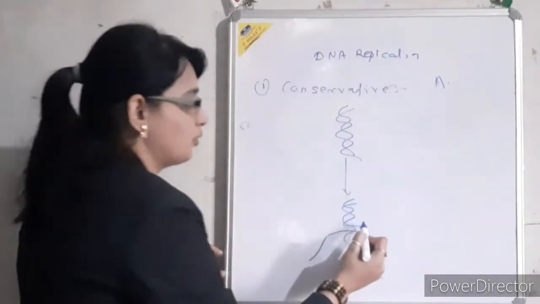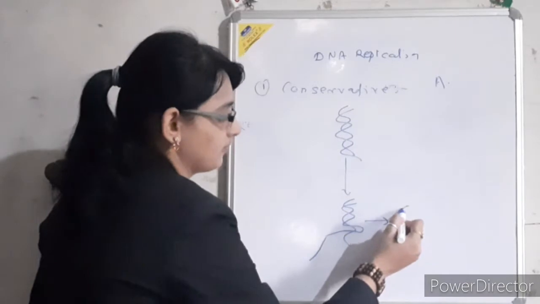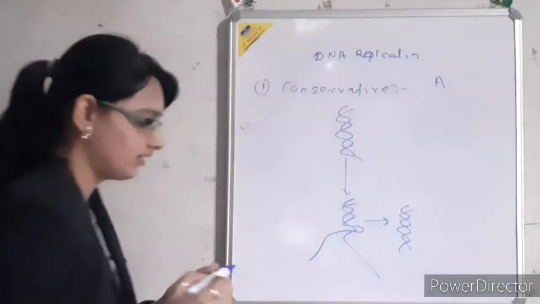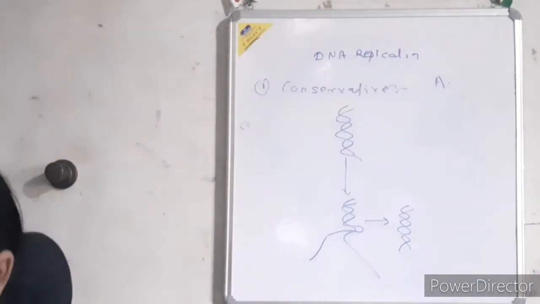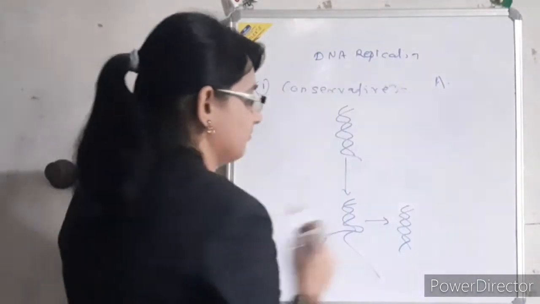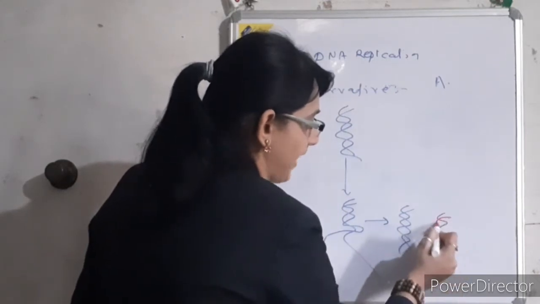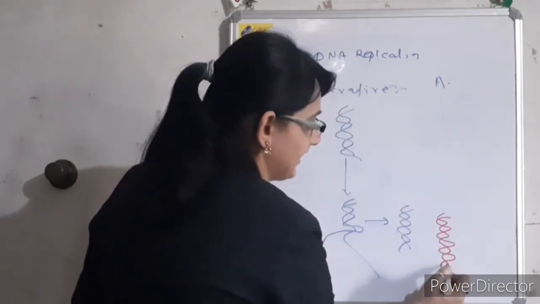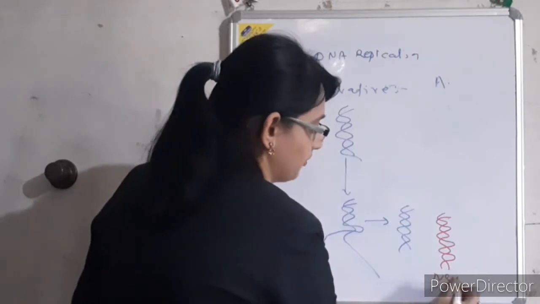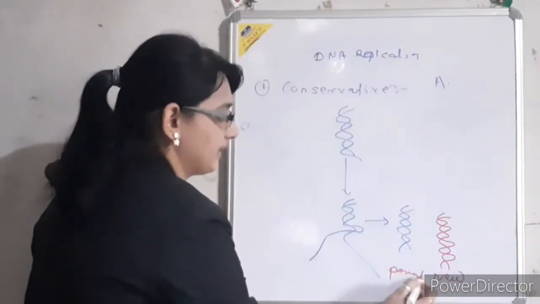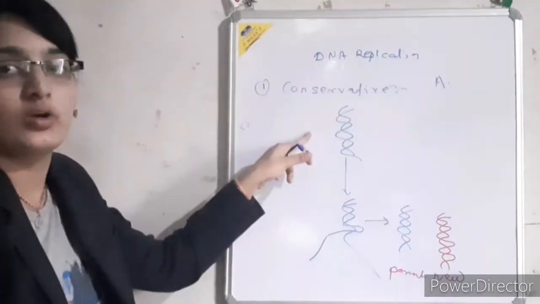So it forms two DNAs: one is completely parental and the other is completely new. This is called the conservative type of replication, meaning the parent is more conserved.